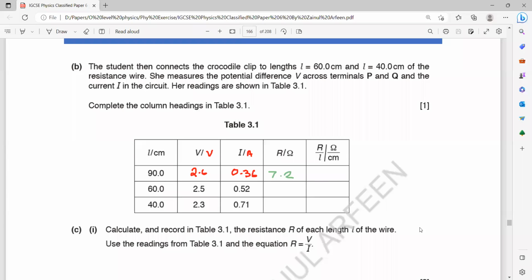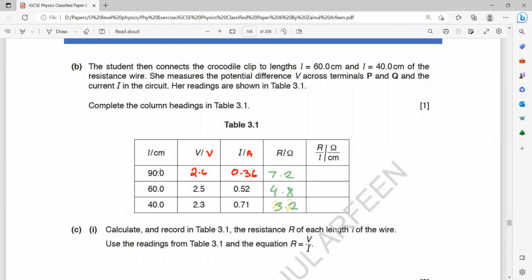And then 2.5 divided by 0.52, that is 4.8. And then the last value, 2.3 divided by 0.71, that is 3.2.